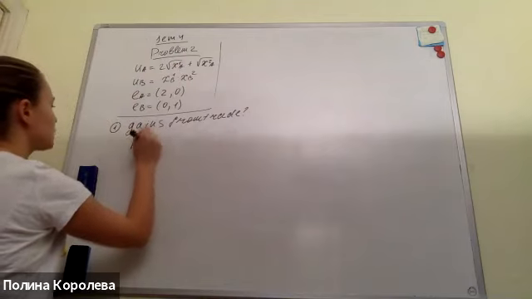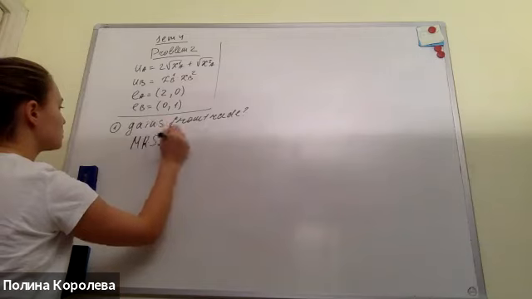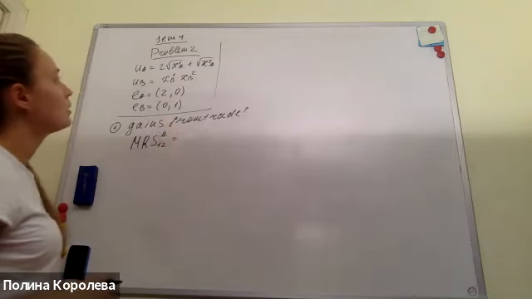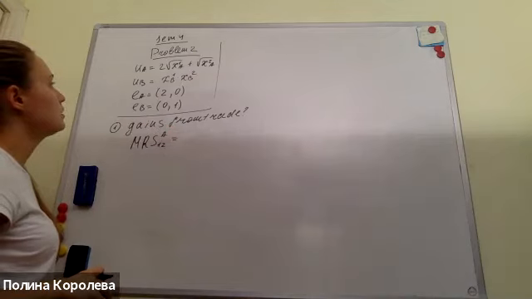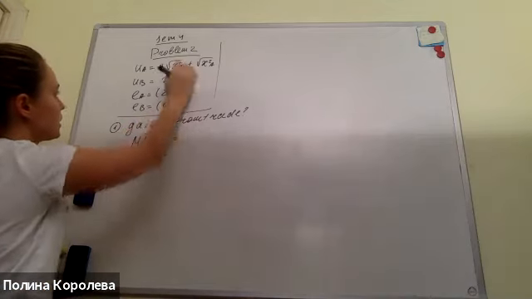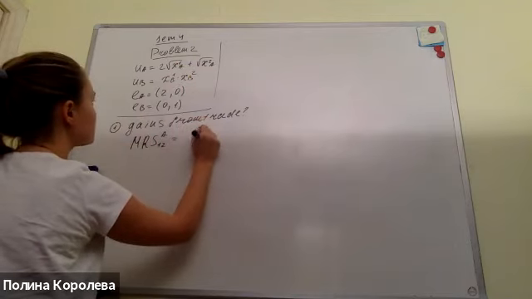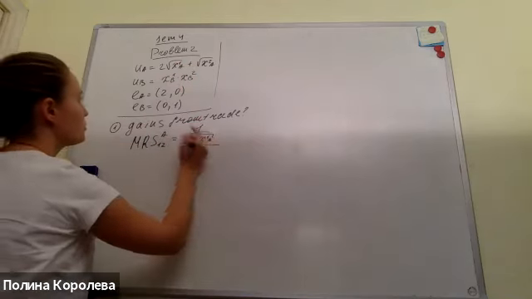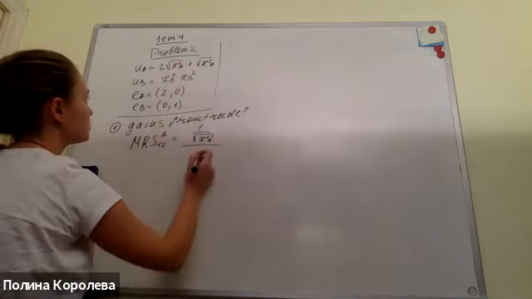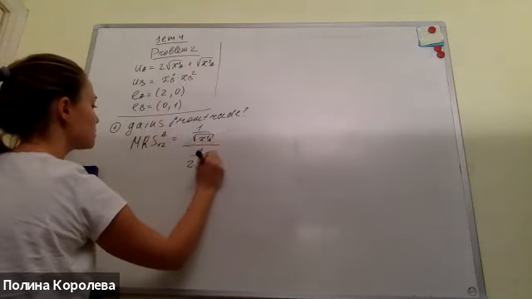So the marginal rate of substitution of the first good for the second good for individual A is: marginal utility from good 1 for individual A, the partial derivative by x1a, is 1 divided by square root of x1a, divided by the partial derivative by x2a, which is 1 divided by 2 square root x2a.